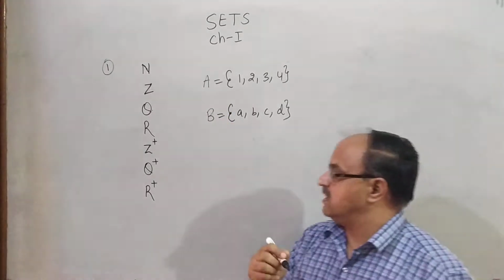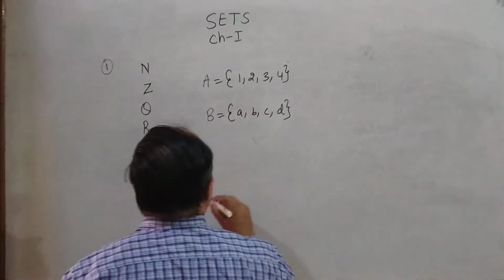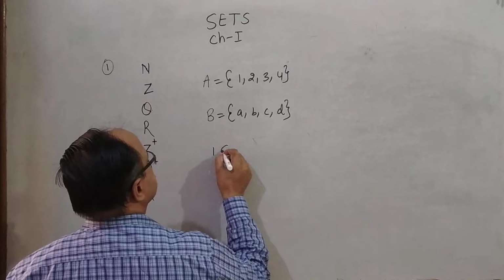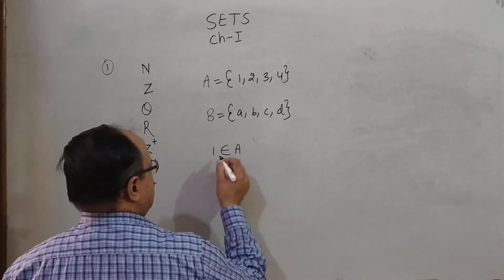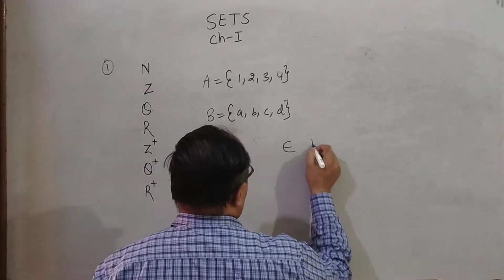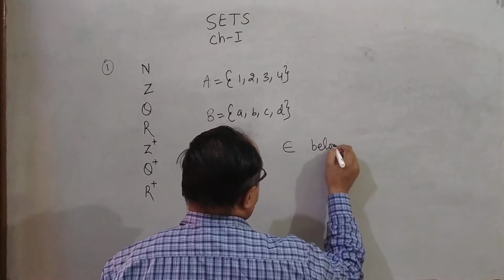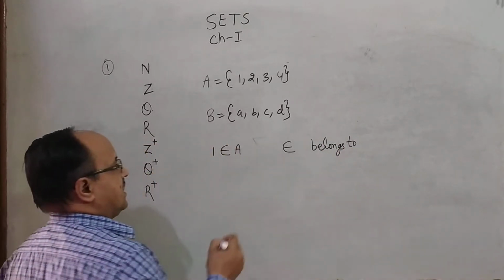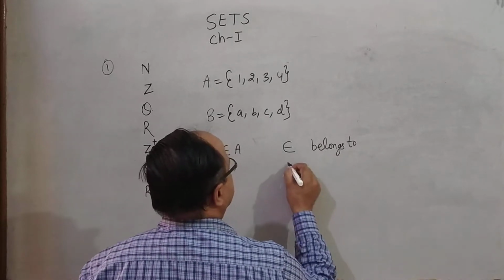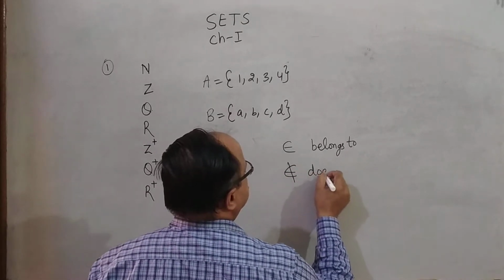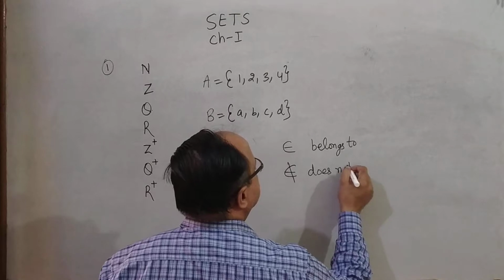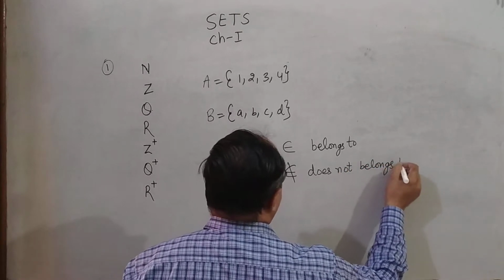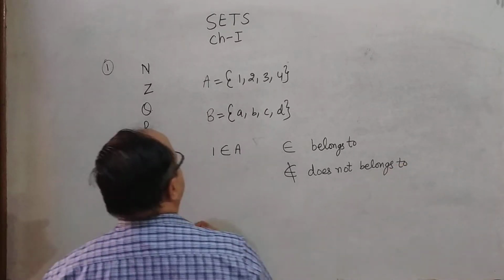And you know that in this chapter, if element 1 belongs to A, we use this symbol, which means belongs to, and this symbol means does not belong to. Correct?